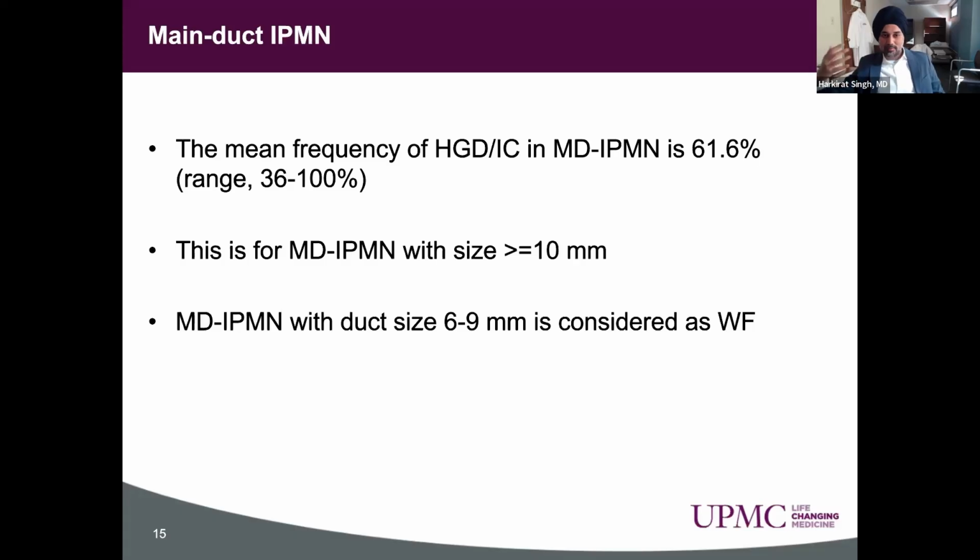So that tells us if you have a main duct IPMN above 10 millimeters, you either have advanced neoplasia already present, or you are at a higher risk. If the duct size is between 6 and 9, this is a little bit controversial. We still consider it a worrisome feature and not an absolute indication for surgery, but these are the people we watch very carefully.